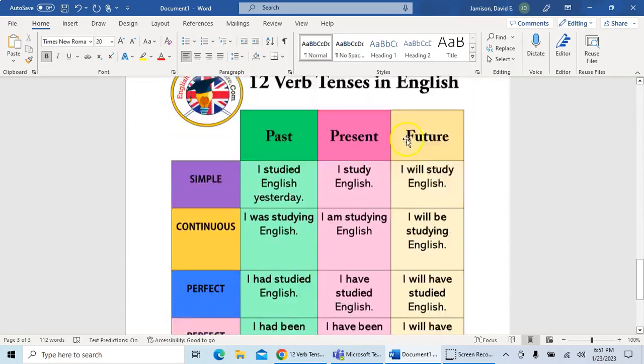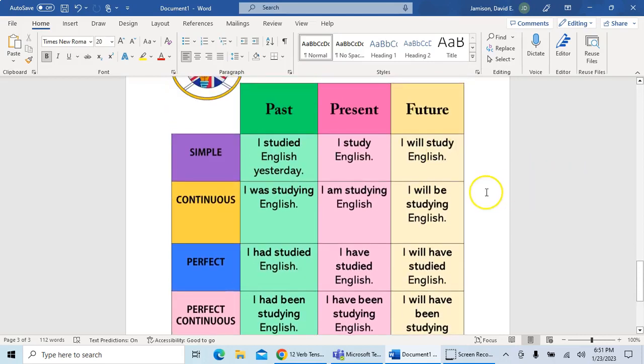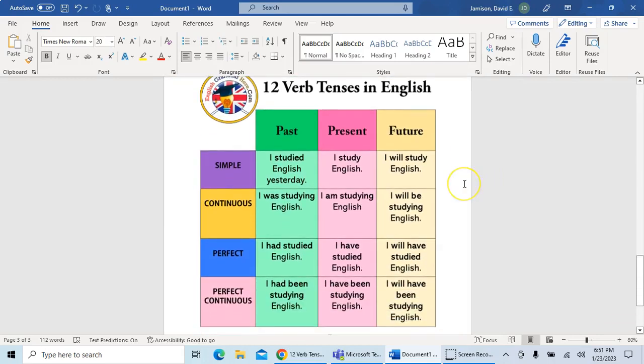I borrowed this from a website called EnglishGrammarHere.com. And this is kind of a look at some of the different tenses. Now, what a lot of people will do is they will end up adding a lot of the word had and the word was and the word had been into their past tense stories where it doesn't really belong. And so when you say, like in this example here, I studied English yesterday, that's simple past tense.